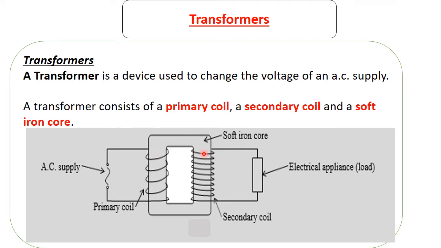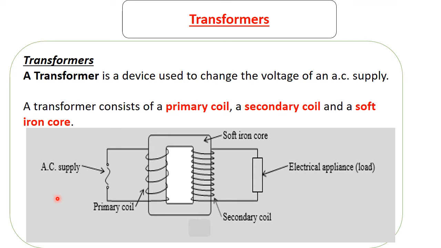Then on the other hand, we're going to have another soft iron core, which is going, of course, to have other windings, and the windings from here are going to be connected to what's going to use that electricity, which we usually call generally the load. That is the general term that we use for what uses electricity.